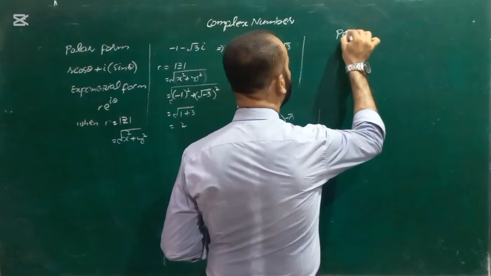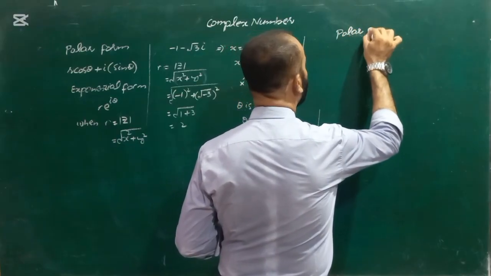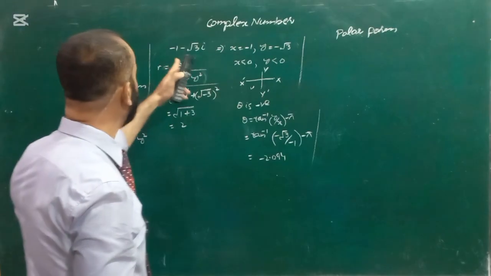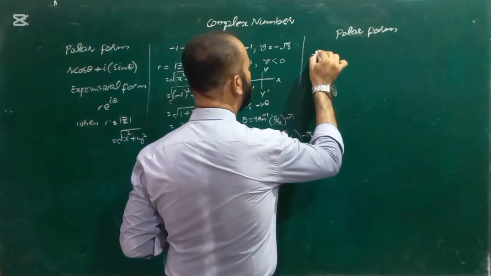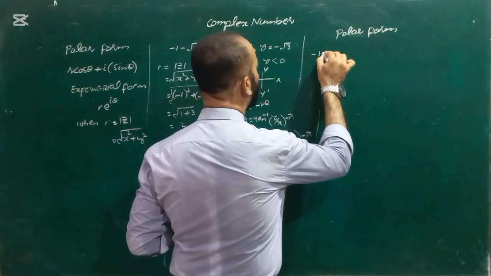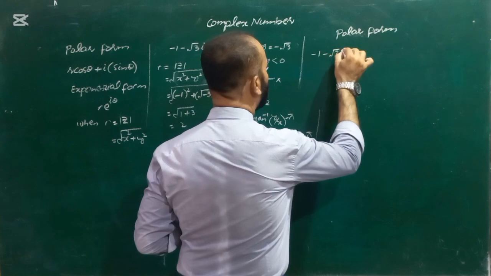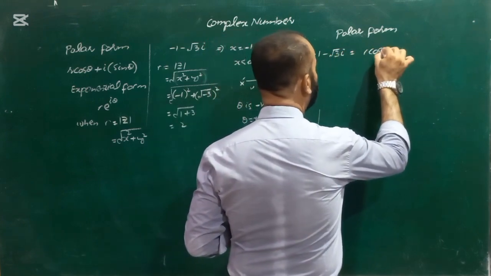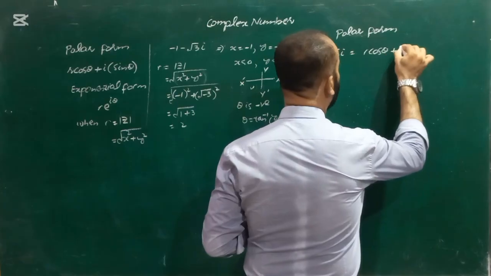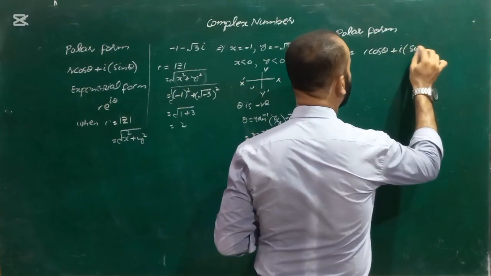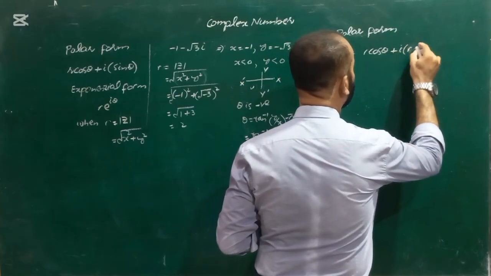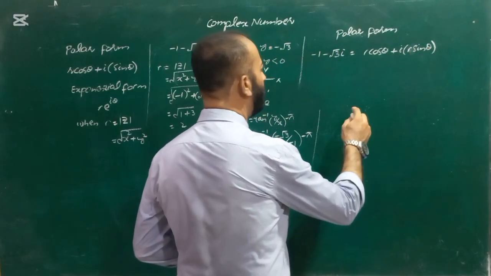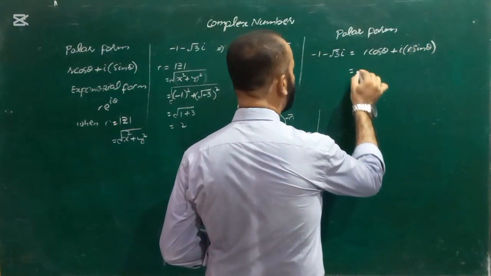So polar form. The complex number is -1 minus square root 3 iota. That is equal to r cos theta plus iota r sin theta. So from here you can put the values and solve it.